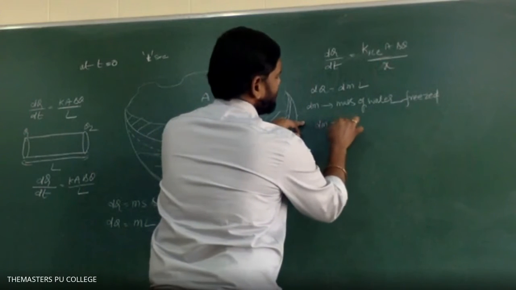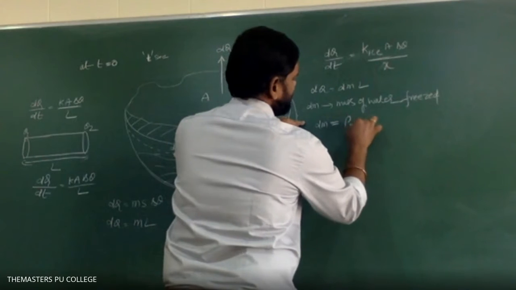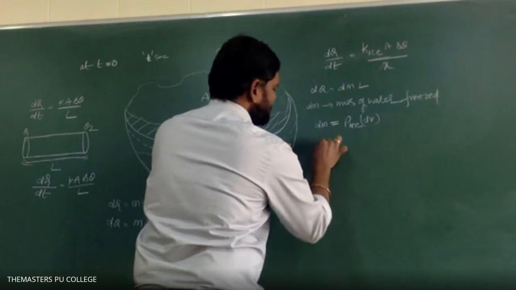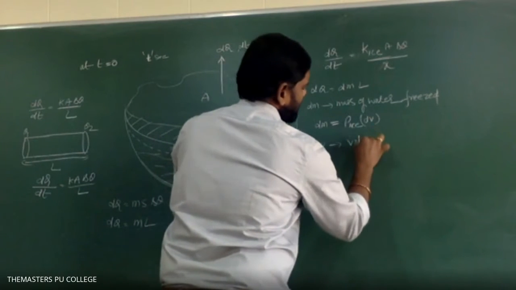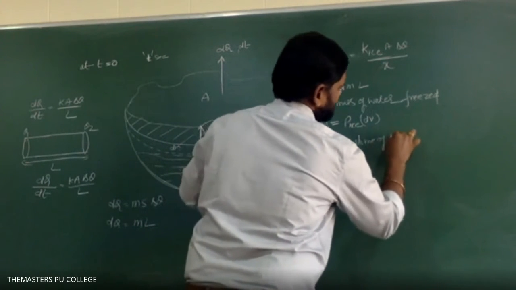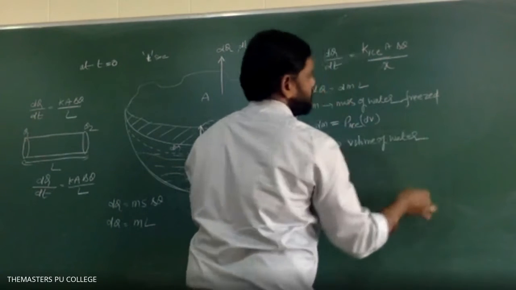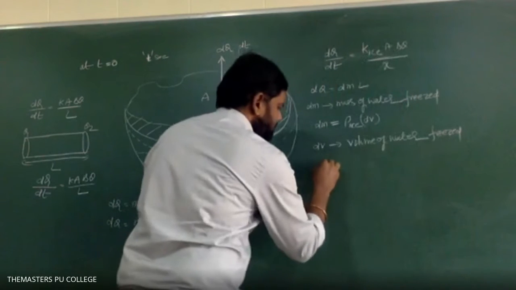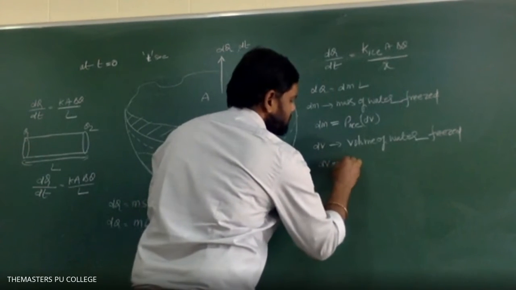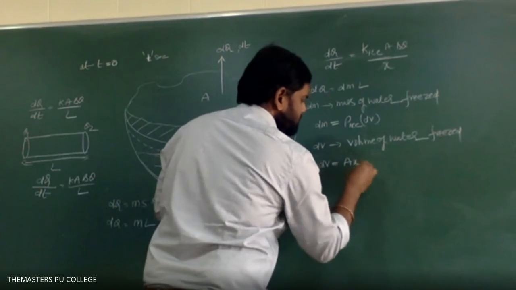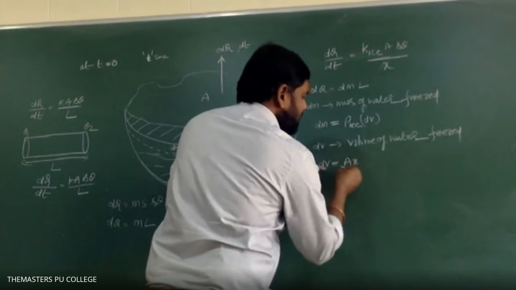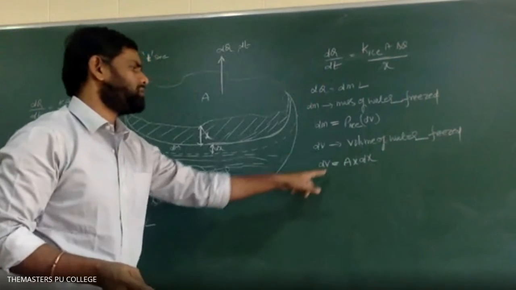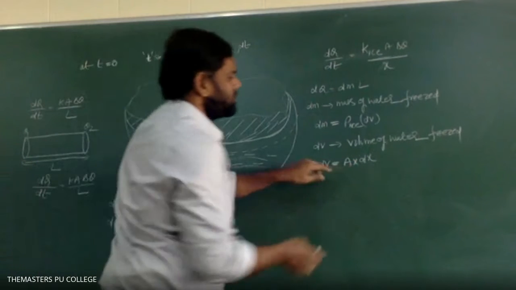Mass is equal to the density of ice into dV. What does dV mean? dV is nothing but the volume of water frozen. So dV is equal to what? Volume means the area of the lake into the length of the ice column increase. The length of the ice column increases by dx. That's why dV is equal to A into dx.